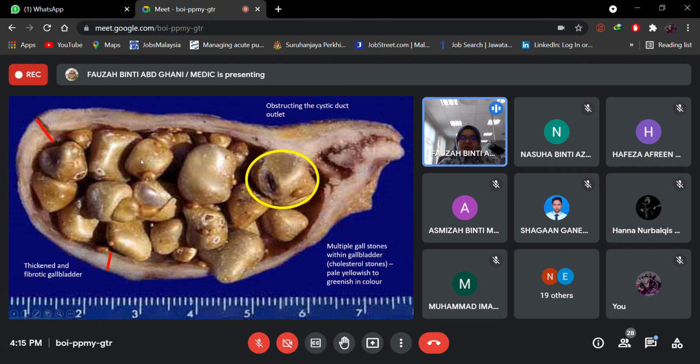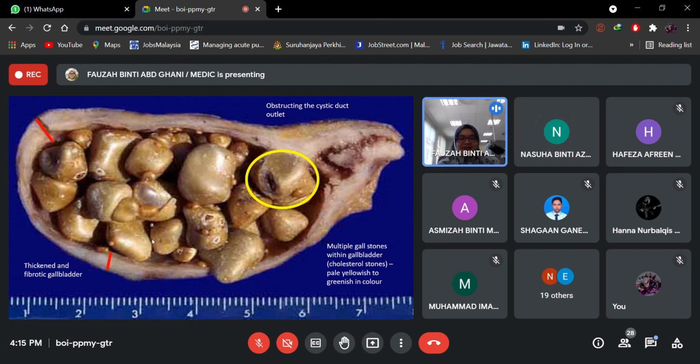but we also have to note the color of the stones. What are the two types of stones that we can see in the gallbladder? Cholesterol stone and pigment stone, doctor. Yeah, good. And in this case, dah obvious lah kan dekat dalam description saya, but this is cholesterol stone because of the color and the size.